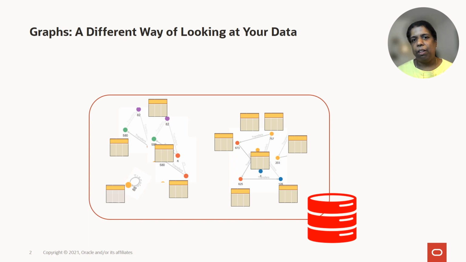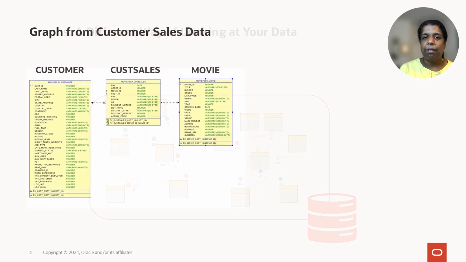For example, you might have foreign key constraints between tables. But when you model your data as a graph, it gives you the ability to make these connections and relationships between data entities explicit, and gives you the ability to then use graph algorithms and graph pattern matching queries on your data to get new insights.